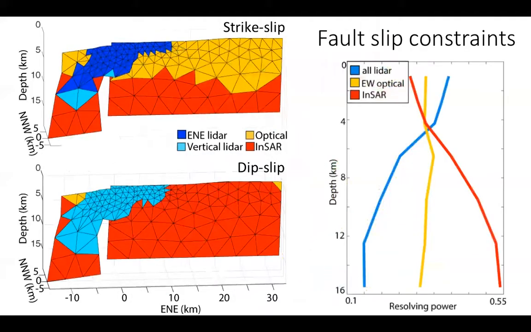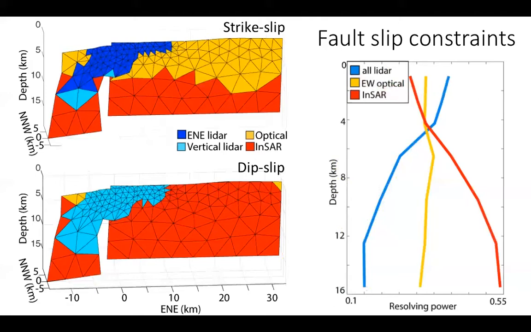So building this slip model requires integrating data sets with different spatial distributions and different sensitivity to the 3D deformation field. The really important question then becomes, how do each of the data sets constrain the fault slip? The answer is right here. So this is looking for strike slip and dip slip, and each of the fault patches are colored by the data that has the dominant impact on the slip.